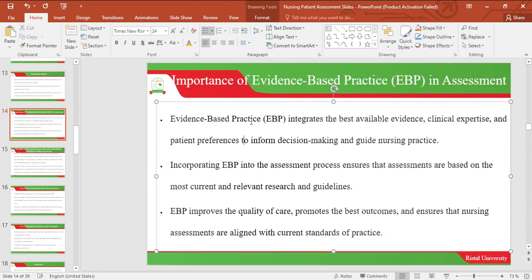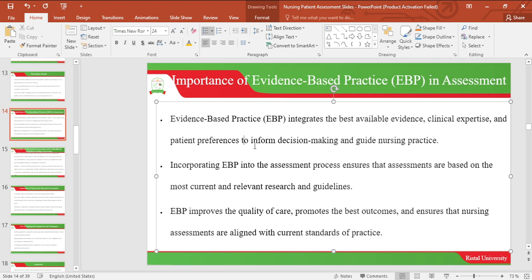Let's look at the importance of evidence-based practice in assessment. Evidence-based practice integrates the best available evidence, clinical expertise, and patient preferences to inform decision-making and guide nursing practice.